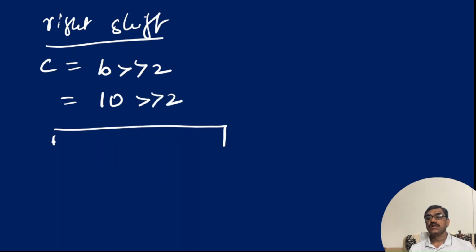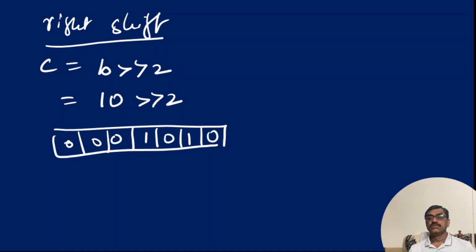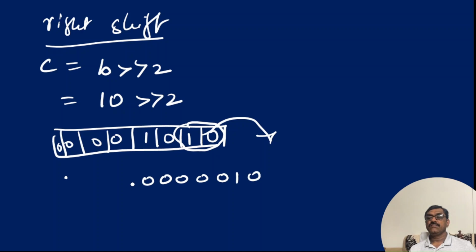You know already it is represented as 1010. So the left side bits are 0 0 0 0. Now we are using right shift, meaning these bits are shifted right. So these 1 0 are gone and we get 0 0 0 0 and 1 0. On the left side, again the empty places are filled with 2 zeros.